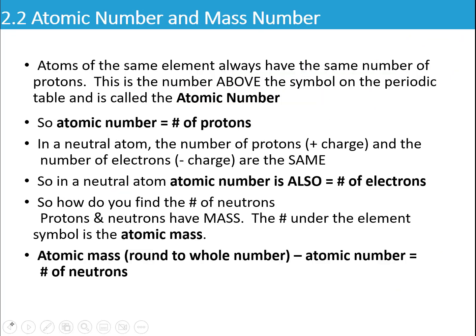So we can identify by looking at the number above each element. It's the whole number on the periodic table. They call this the atomic number. This atomic number was assigned because it really defines the element. The atomic number tells you the number of protons.